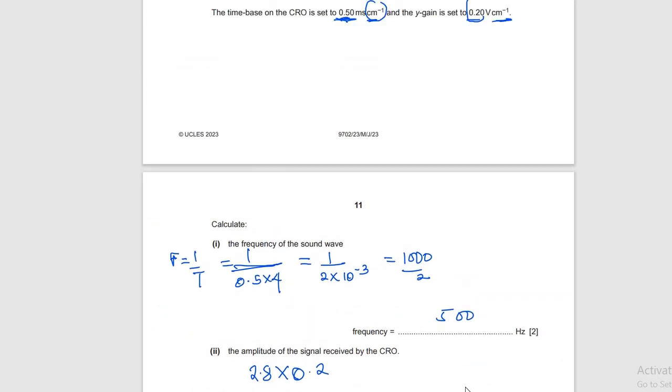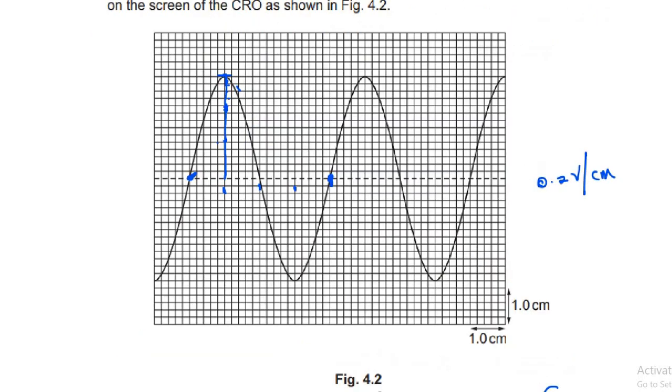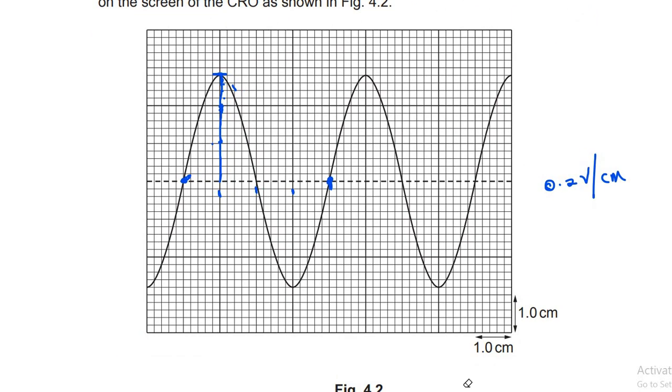So in this case, the graph will look like something like this. Let me erase my former point. So let's trace the amplitude first. Now the new amplitude is 1.4. That's 1.4 centimeter. This is 1 centimeter.